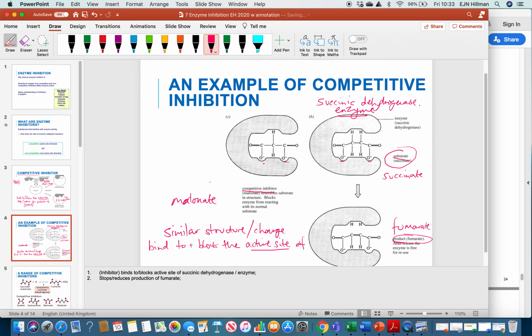So you could be specific in your response here and refer to it as succinic dehydrogenase, or you could just say the enzyme. That will be worth 1 mark. The second mark in a question on competitive inhibitors would be stopping the production or reducing the production. Stop or reduce production.